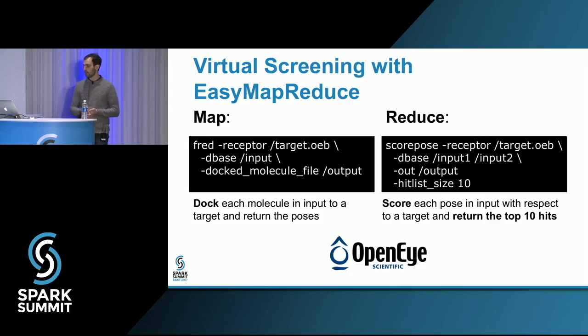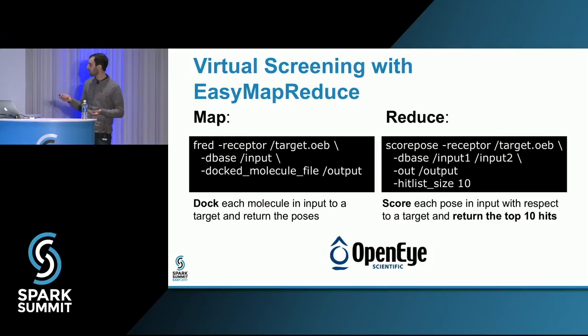There are basically two tools inside this library that are useful. One is called Fred, and it is the one that does the docking. So in the map part, we are going to take each molecule in input and run it in parallel on different machines in order to compute the poses.